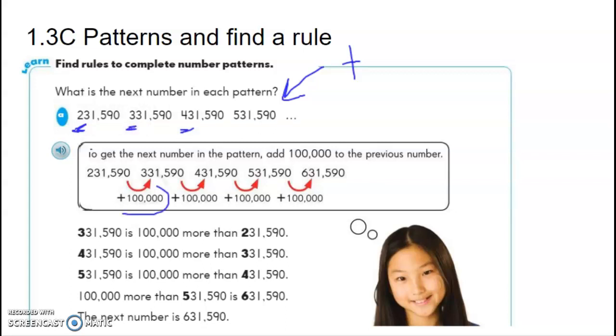So I know that's what we're adding on, is 100,000. 331,590 is 100,000 more than 231,590. And the next one is 100,000 more than the second one, and so on and so forth. So it's increasing by 100,000 each time.